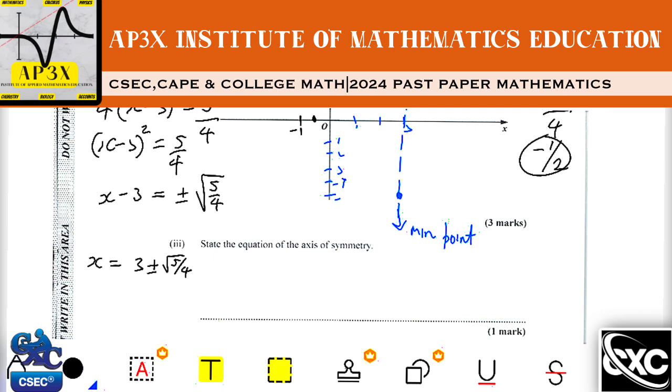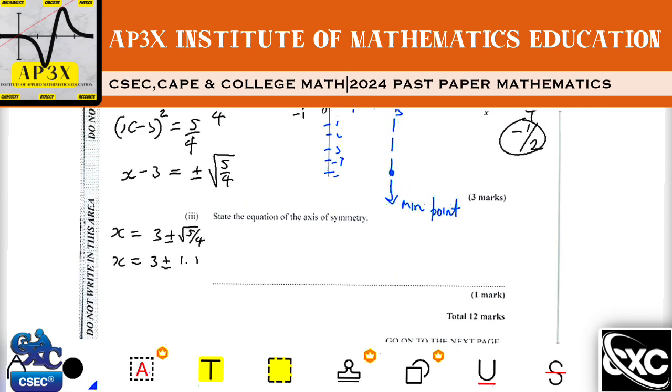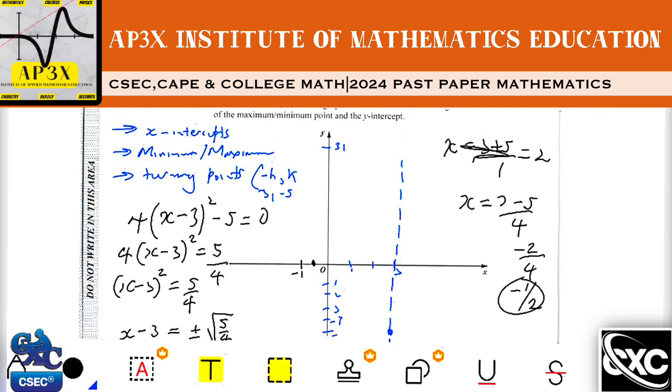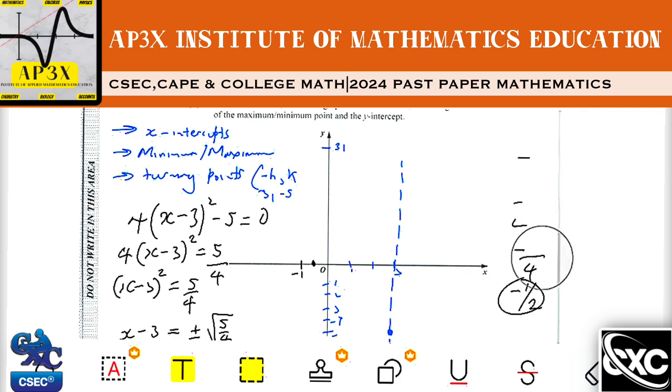So 5 over 4, let's see here, shift square root, 5 divided by 4, that gives me 1.1. So that's going to be x is equal to 3 plus or minus 1.1. So now I end up then with two solutions then. Let's go back up here. I do apologize for that, guys, because I completely forgot the square root. So that was just a mistake there.